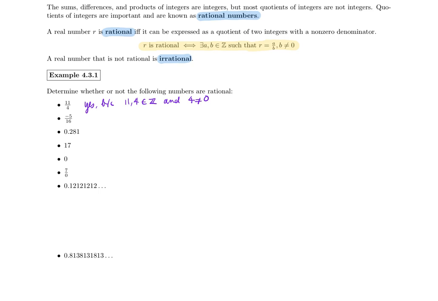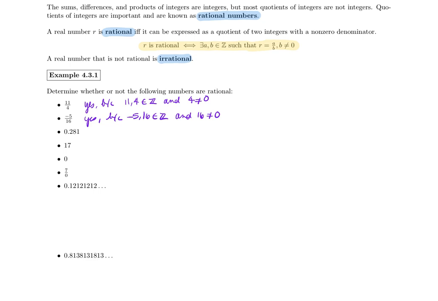More on that on the next page. For now, let's continue with these examples. Negative 5 over 16, is that rational? Yeah, absolutely it is, because negative 5 and 16 are integers, and 16 is not 0, so we're not dividing by 0.